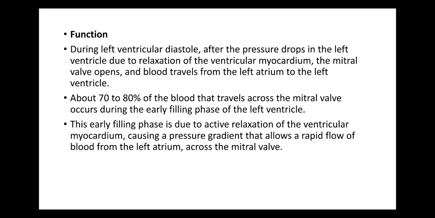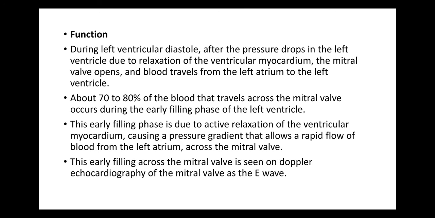The early filling phase is due to active relaxation of the ventricular myocardium, causing a pressure gradient that allows a rapid flow of blood from the left atrium across the mitral valve. This early filling across the mitral valve is seen on Doppler echocardiography of the mitral valve as the E wave.